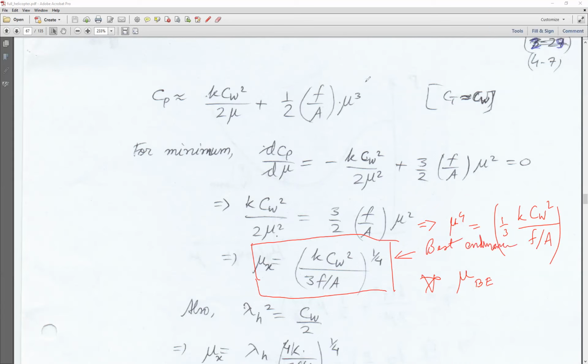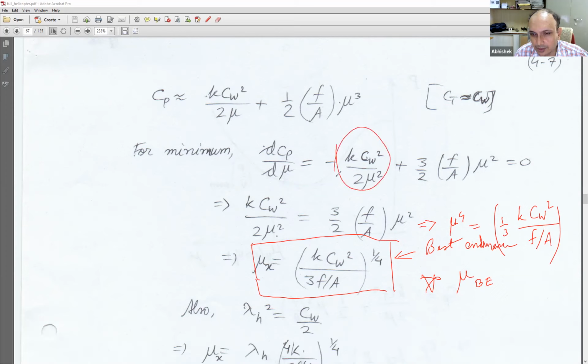Sir, what is CW? You tell me what is CW. We have already talked about that. Sir, minimum coefficient of power. No. Why would coefficient of power be there inside the formula for power coefficient? What is this formula?